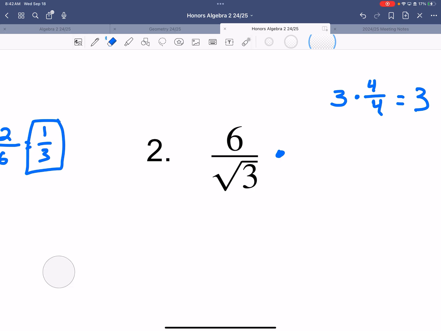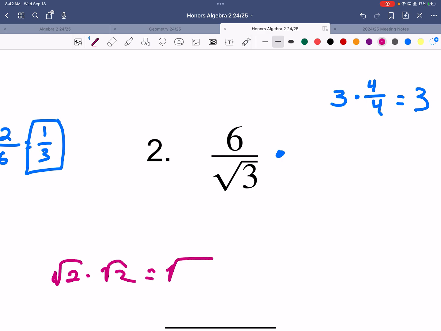What do we do when we multiply radicals together? Side note here: if I take radical 2 times radical 2, what's radical 2 times radical 2? Radical 4. Or what's the square root of 4? 2.